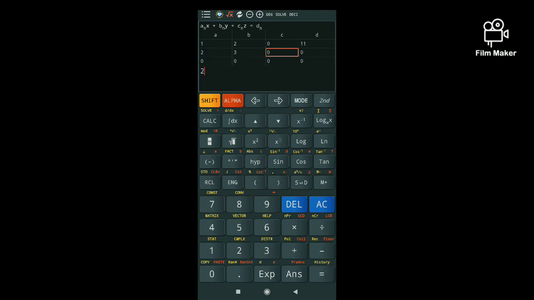With that, if you do the substitution as shown in the video, you obtain the answer for a as 3, b is 4 and c is minus 2.